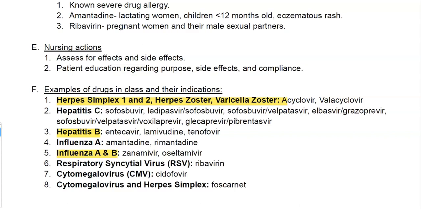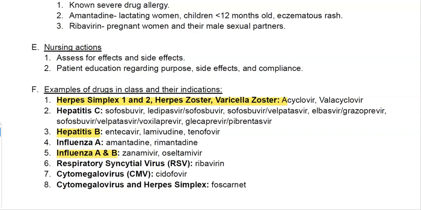For influenza A, we use amantadine and rimantadine. And then for influenza A and B, we use zanamivir and oseltamivir. The most common one that we see being used is oseltamivir or Tamiflu. So for your testing purposes, know that oseltamivir or Tamiflu is used for influenza A and B. Now, treatment for respiratory syncytial virus or RSV in children is ribavirin.